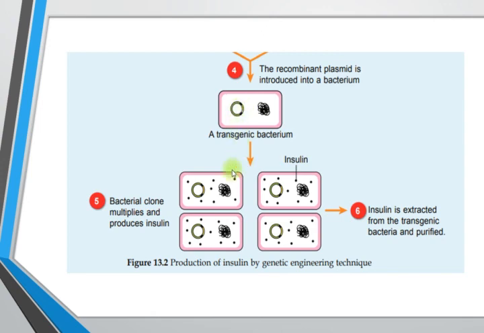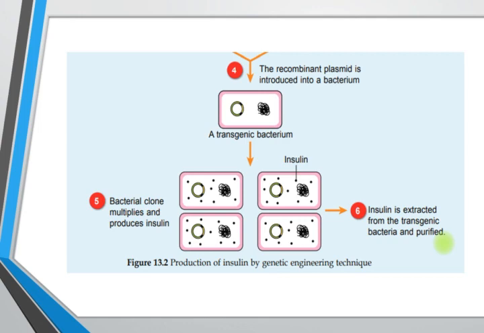And we go to number 5. The bacterial clone multiplies. The bacteria will multiply many times and will produce insulin. And then number 6, insulin is extracted from the transgenic bacteria and purified. So that's how insulin is produced in genetic engineering.